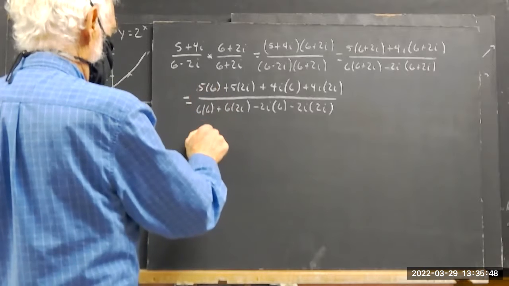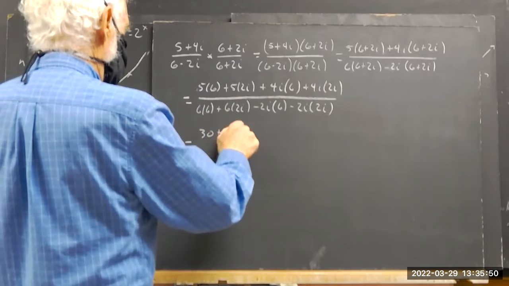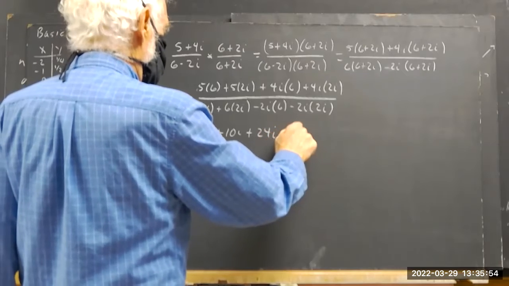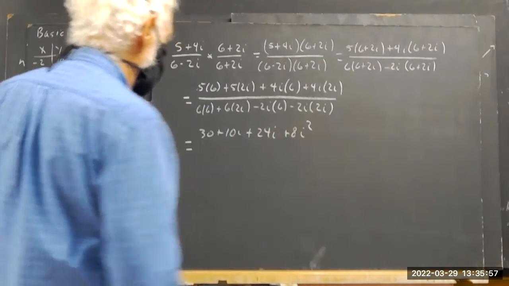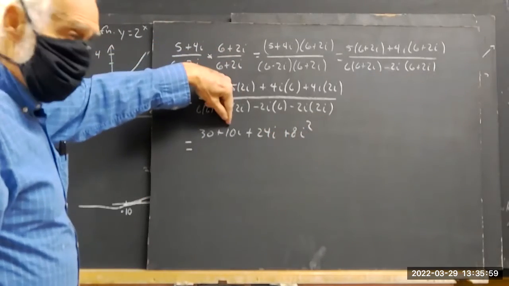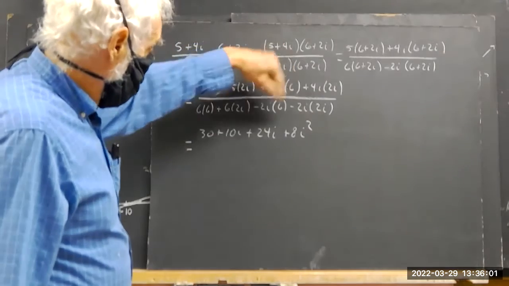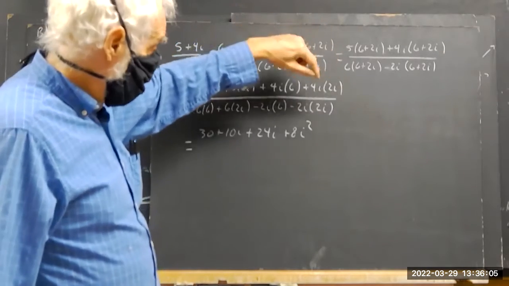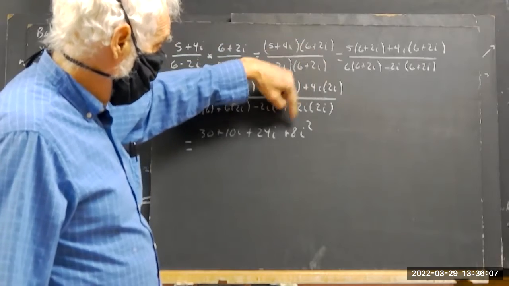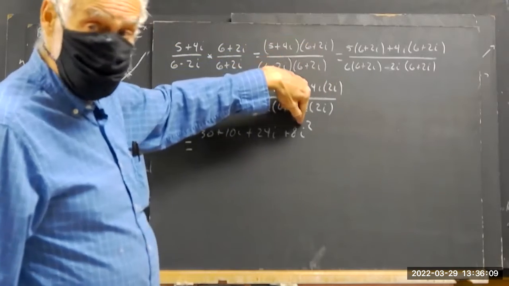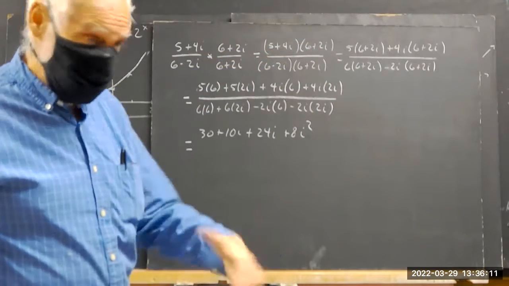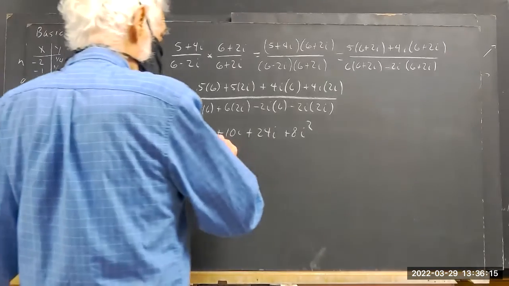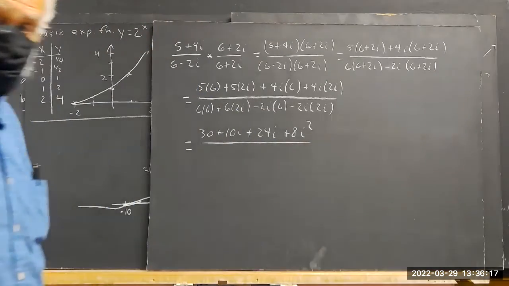In the numerator, you're going to have 30 plus 10i plus 24i plus 8i squared. Clearly, 5 times 2i gives you 10i, 4i times 6 gives you 24i, and 4i times 2i, and this is where you have to be a little careful, 4 times 2 is 8, i times i is i squared. So don't forget that square. First time you see it, you make those little mistakes.